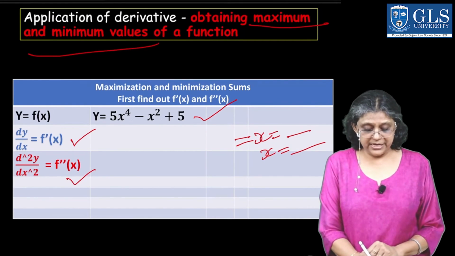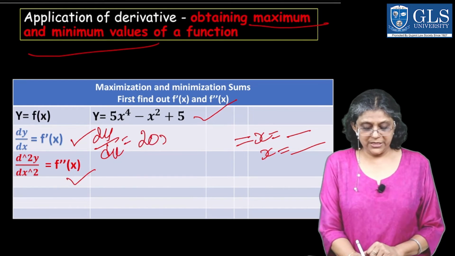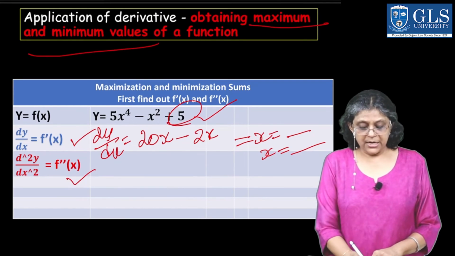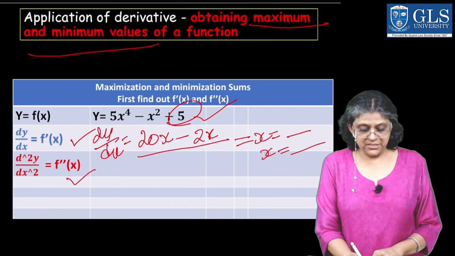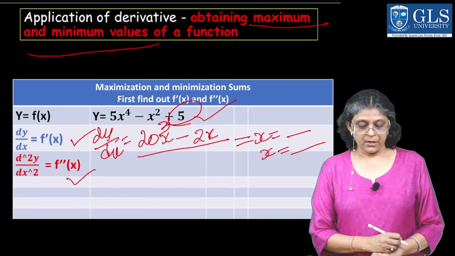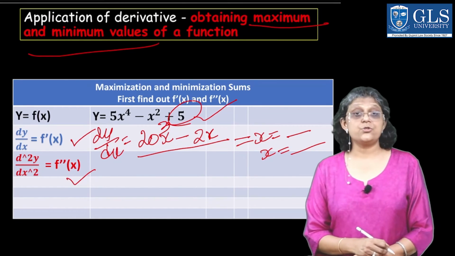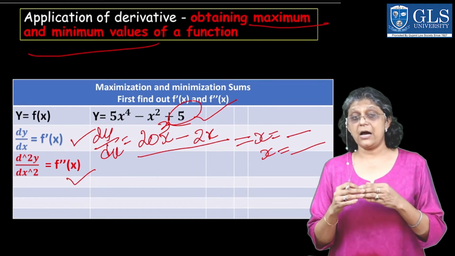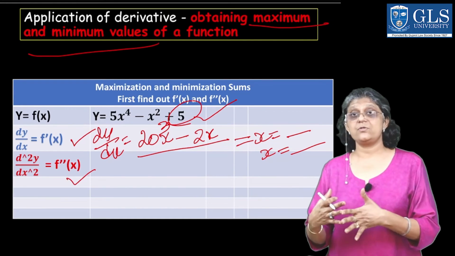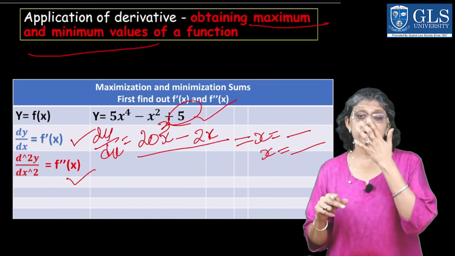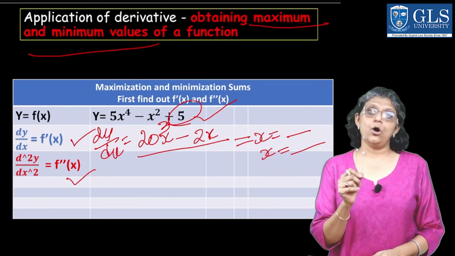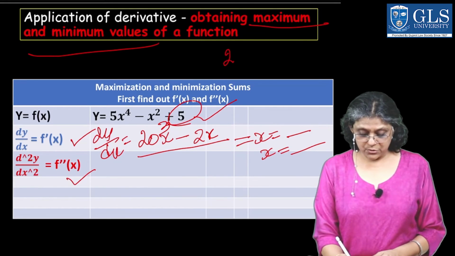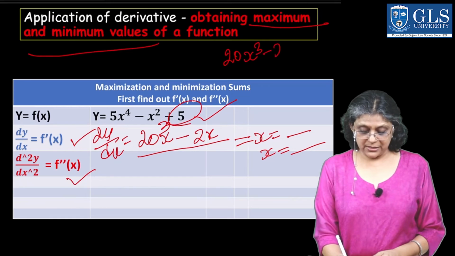So first the derivative dy by dx will give me 20x cube minus 2x. This will become 0. Now, to find out which value is maximum and which value will be minimum, I first need to find out the value of x. See students, this is 20x cube minus 2x.